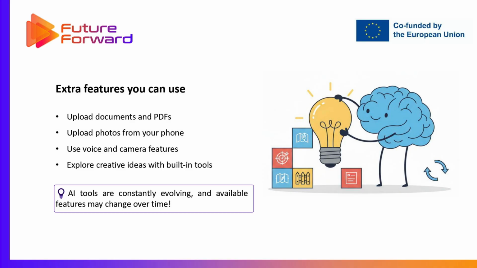You can also upload photos directly from your phone, useful if you want a handwritten recipe typed clearly, or if you need help identifying a plant or a place you photographed. Using the mobile apps, you can also switch to voice chat, allowing you to speak naturally instead of typing. You can even use your phone's camera at the same time, enabling the assistant to analyze what you're looking at in real time. And if you need something creative, the built-in Canvas tool in Google Gemini helps you draft ideas, explore concepts visually, and refine your writing.